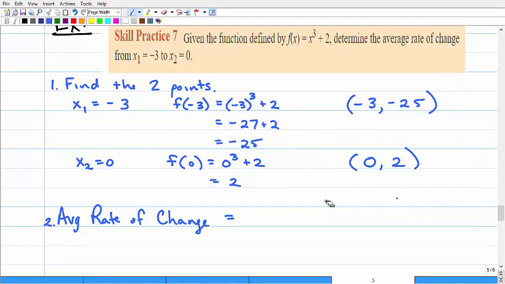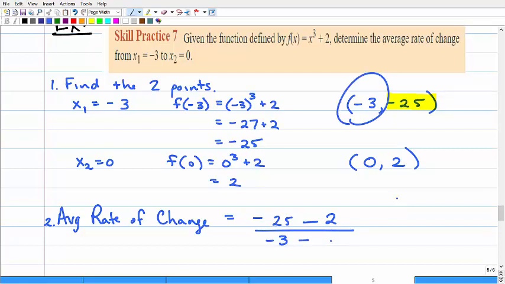So second thing I need to find is the average rate of change. I'm going to start here with this y value and say negative 25 minus 2 over, start with this x value, negative 3 minus 0.